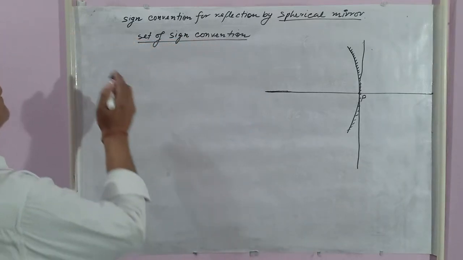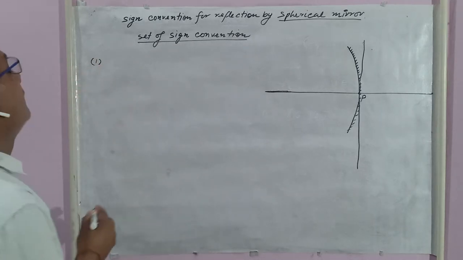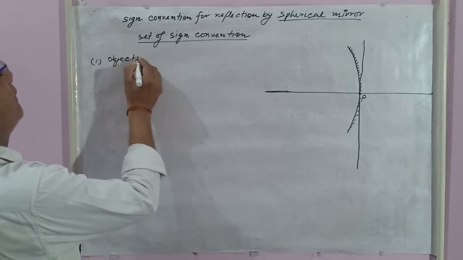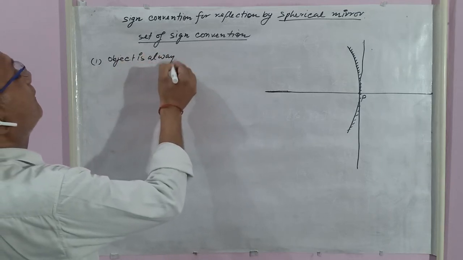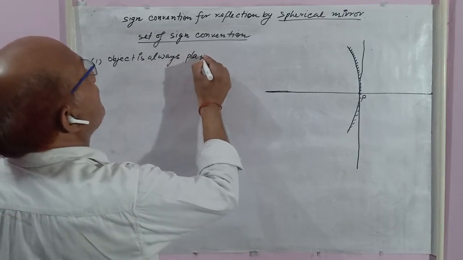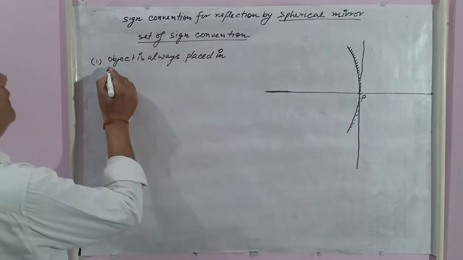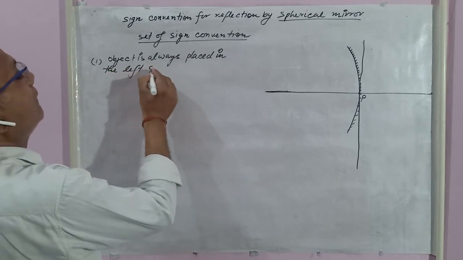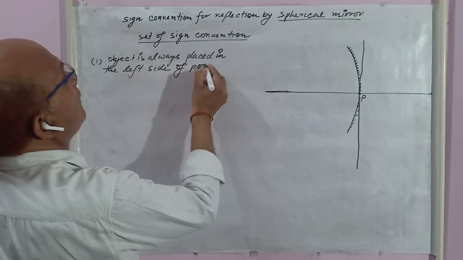In this sign convention, number 1, the object is always placed in the left side of the pole.